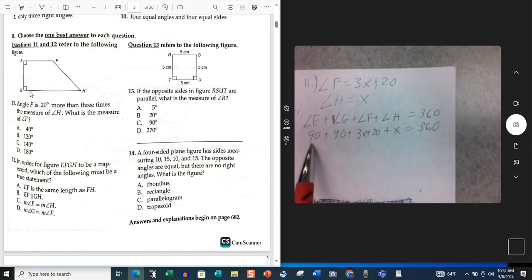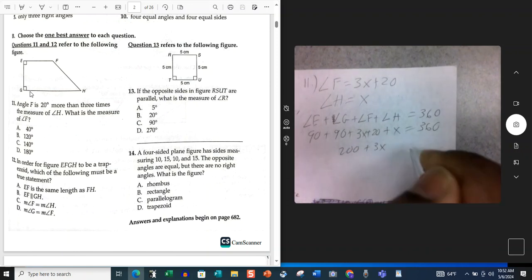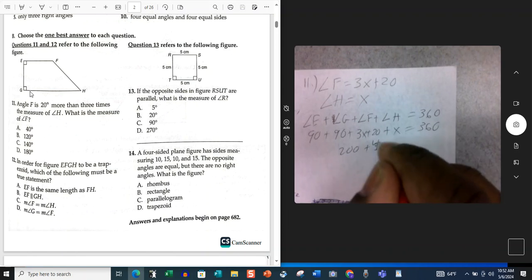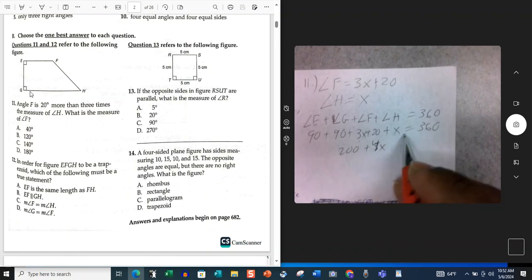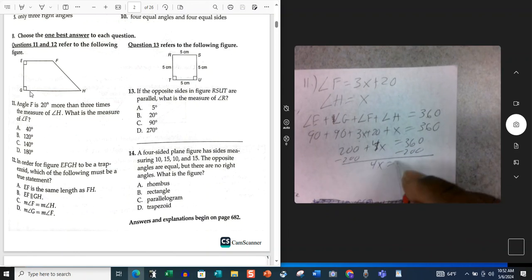So we add them together. 90 and 90 is 180 plus 20 is 200 plus 3x, well actually it's 4x, because 3x and x is 4x, is equal to 360. So we subtract 200 on both sides. So 4x is equal to 160. We divide each side by 4, and x is equal to 40.